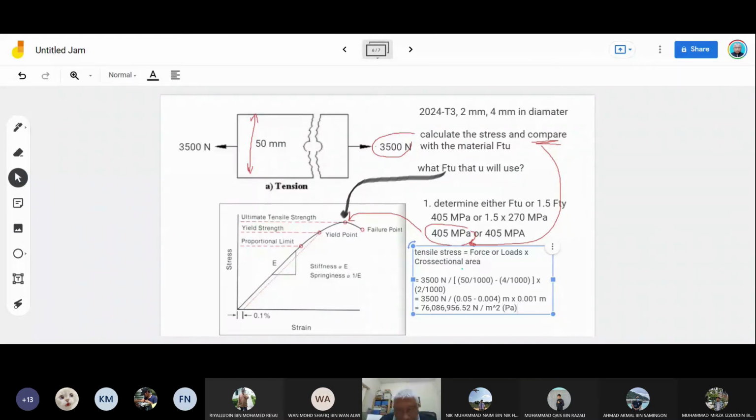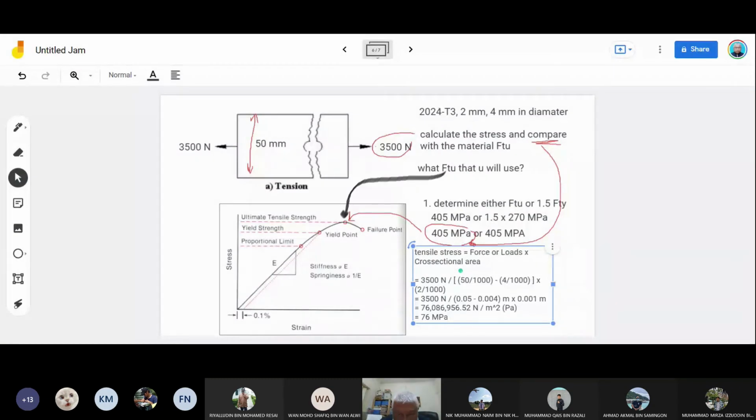Okay, meter square is Pascal. So equal 76 mega, because 10 to the 6 is mega. 10 to the 9 is giga, so megapascal.